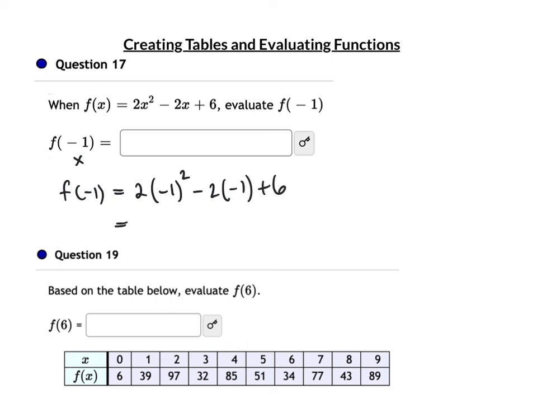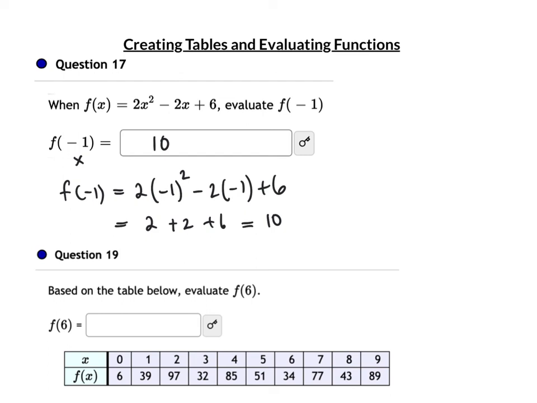Well, negative 1 squared is negative 1 times negative 1, which is positive 1. 2 times 1 is 2. And this is minus 2 times negative 1, which would be a negative 2 times a negative 1, which is plus 2, plus 6. And this ends up being 10. So f of negative 1 is 10.